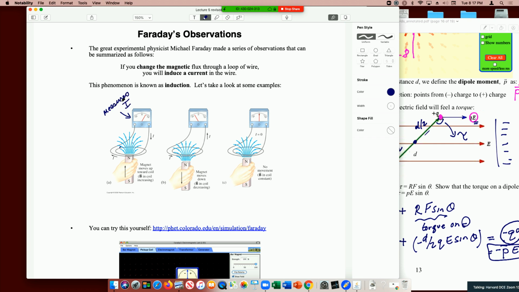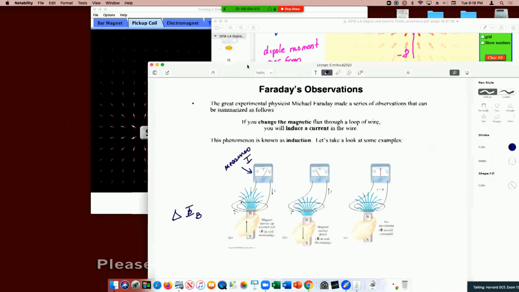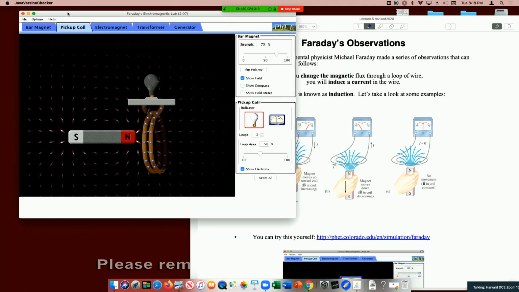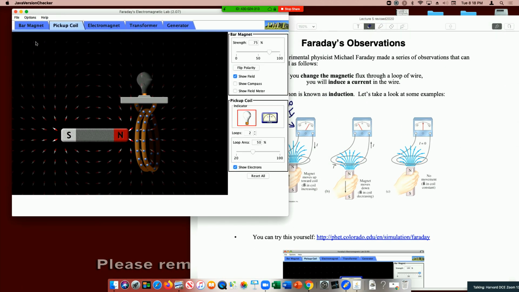If I take just a simple bar magnet and I change the flux of the loop, so I'm changing the magnetic flux, I can induce a current in that loop. I've got a little simulation here that you can play around with. The link for it is on the page there.